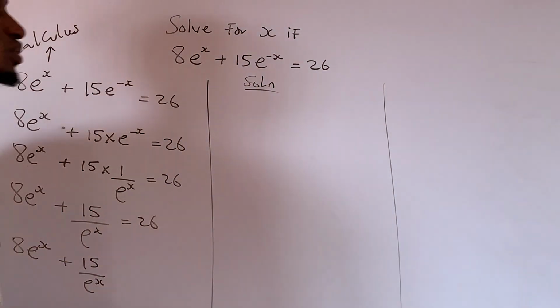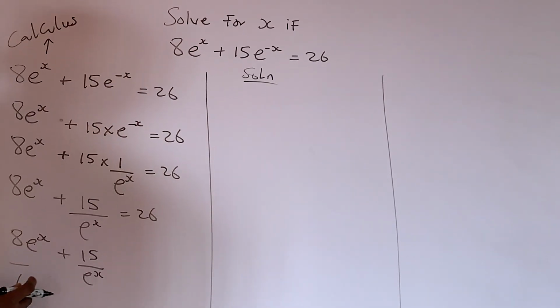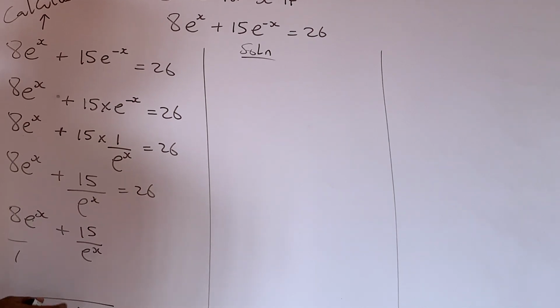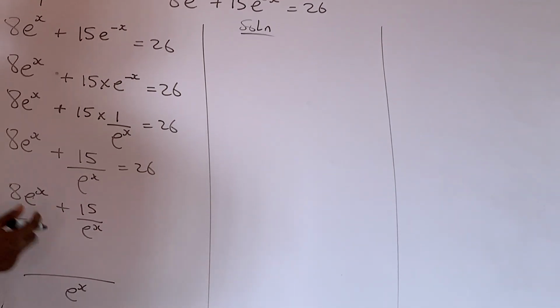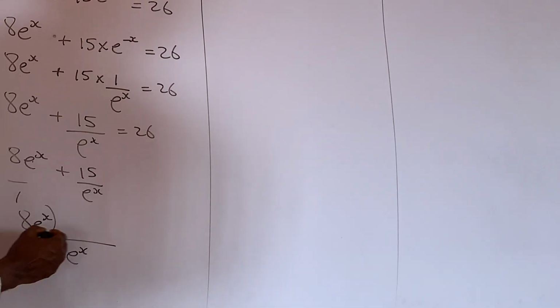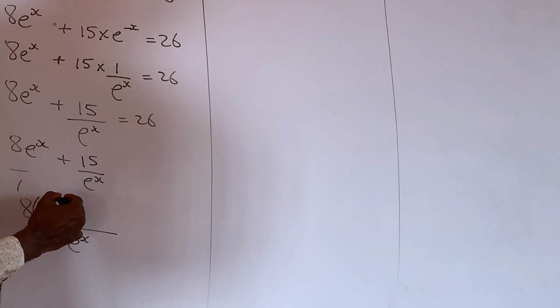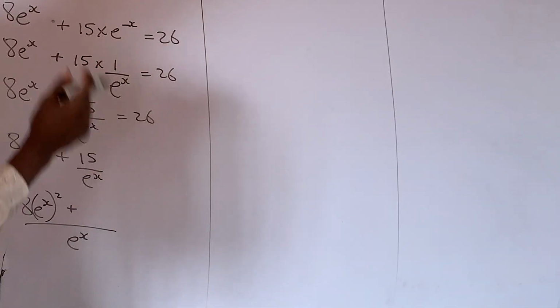Don't get confused, though. Over 1. LCM now becomes this. Then here, we're going to have 1 divided by this is this, times this, we're going to have 8 exponential square, plus exponential divided by exponential will give us 15.